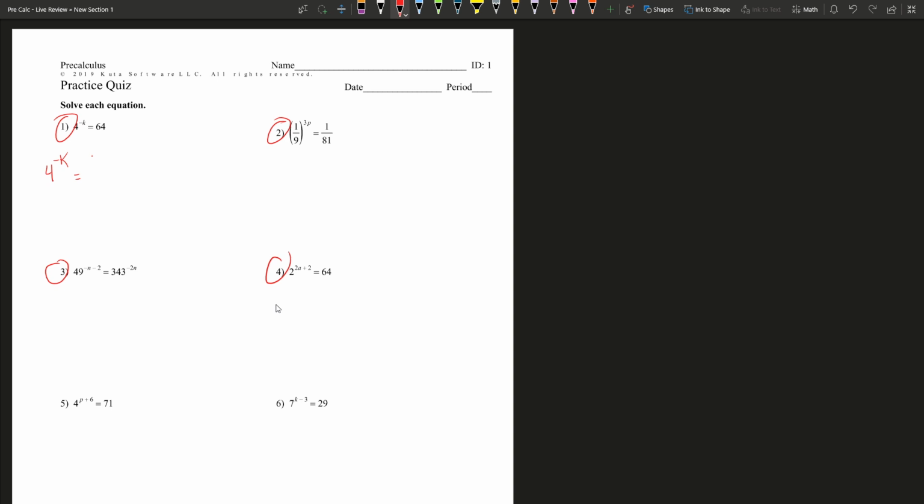Okay, so 4 times 4 is 16, times 4 is 64. So that's 4 cubed. Once we have the same base on both sides, they both cancel. So negative k is equal to 3. So k is equal to negative 3.